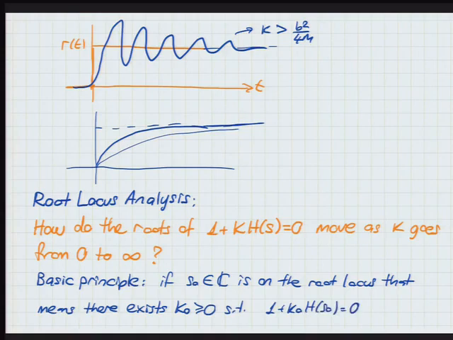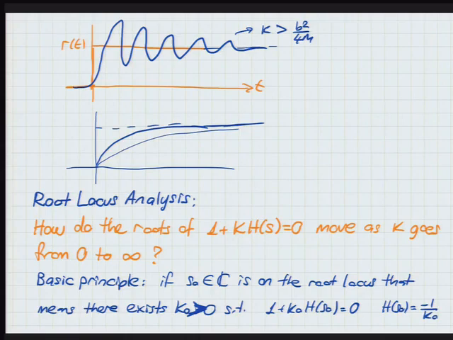So if that's the case, what is h of s0? Minus 1 over k naught. And k naught is positive, so this is a negative, real number. Okay?